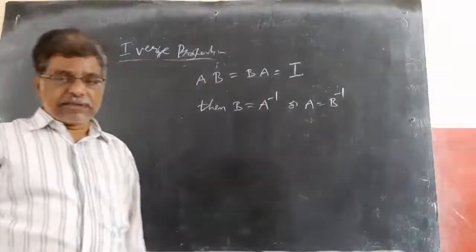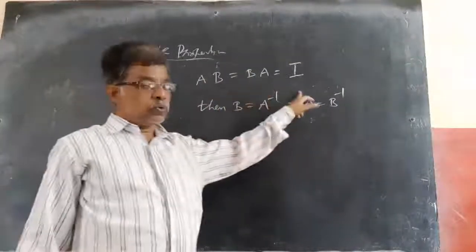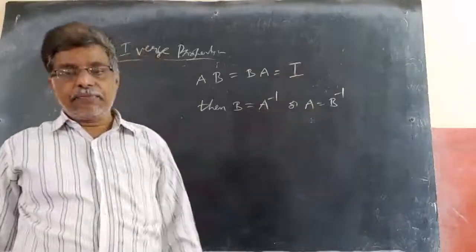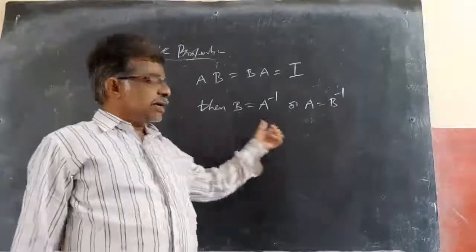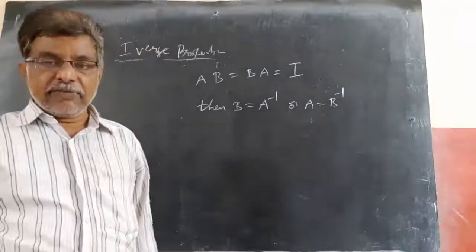One is the inverse of the other. If the multiplication of two matrices gives you the identity matrix, then it is called the matrix inverse property.